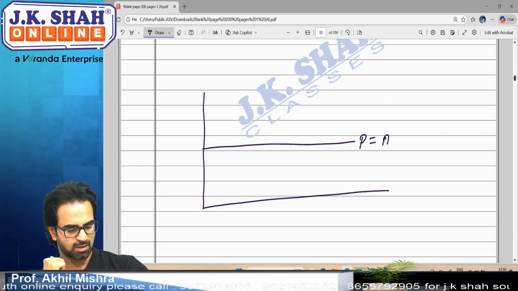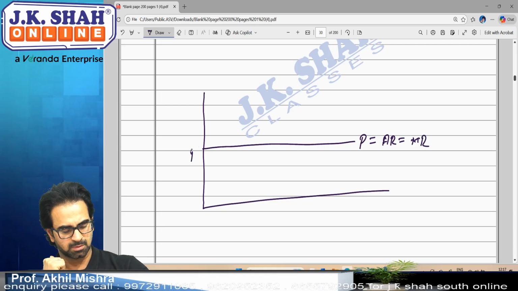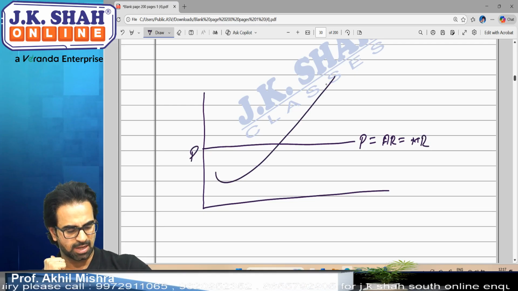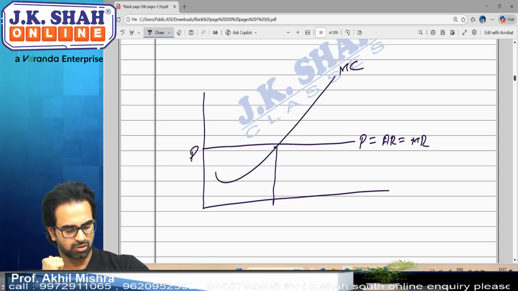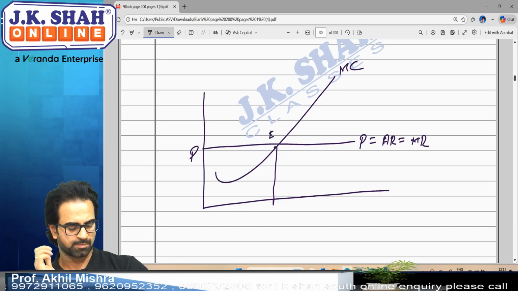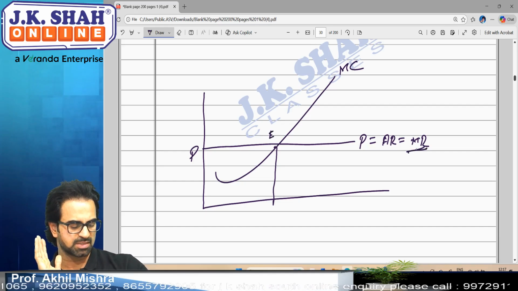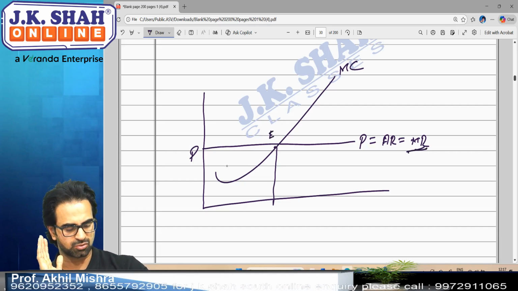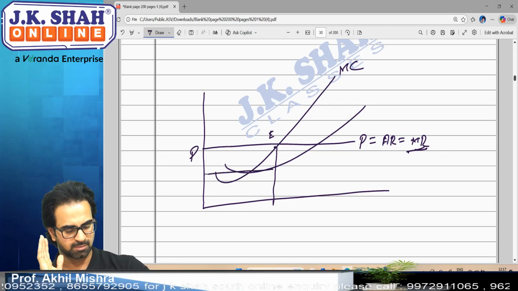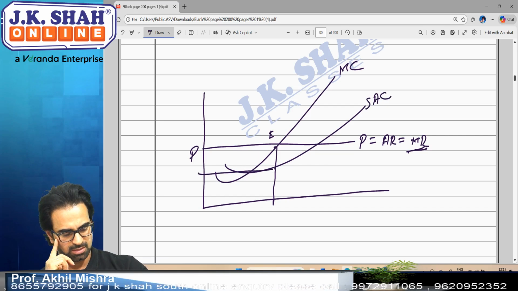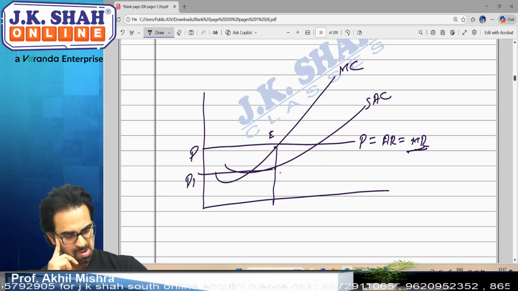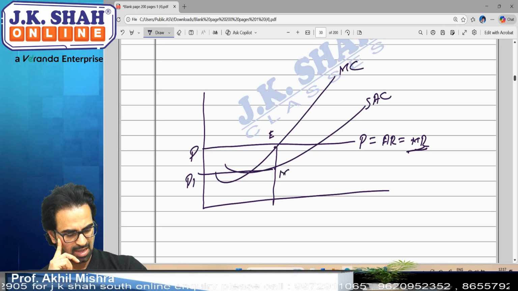P is equal to AR is equal to MR. Correct? This is P. This is your SMC, marginal cost. This is the point of equilibrium, right? Now we are talking about supernormal profit. So revenue should be up, means income should be up, and cost should be low. So I took one line, this is a cost line. This is called SAC or average cost. So see, this is P1, make it M.